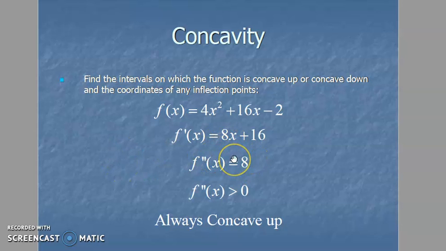The second derivative is 8, a constant. So the second derivative is positive for all x values. That means the graph is always going to be concave up. The concavity is not changing in that case, so there will be no point of inflection.